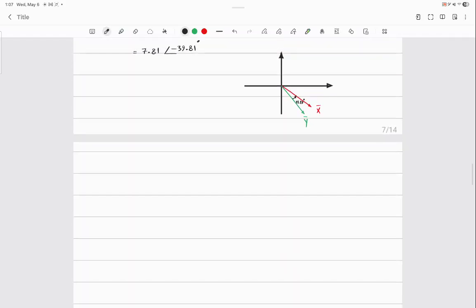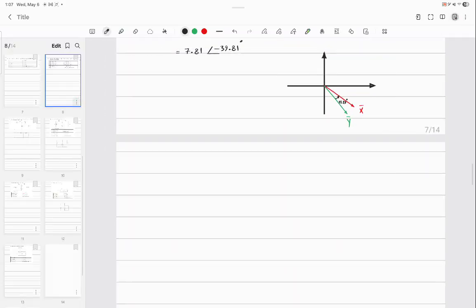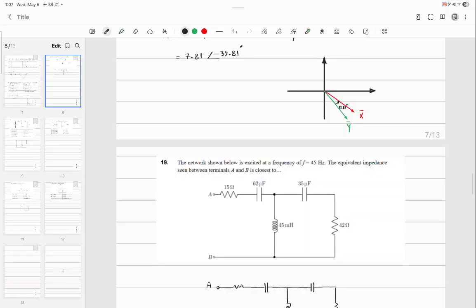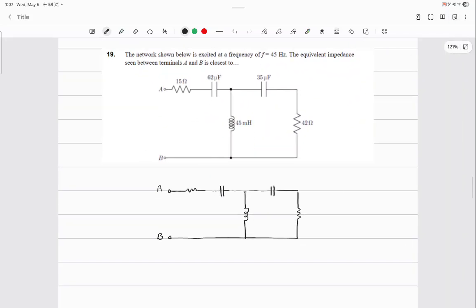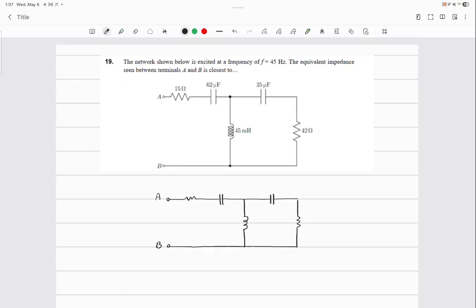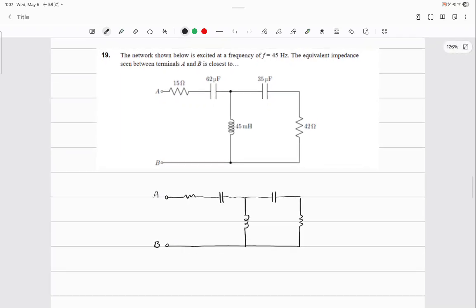Okay. So it's asking for equivalent impedance. What should I do? Impedance of every element. So because I want you to be able to do it, let's see who's next. Let's start with camera.